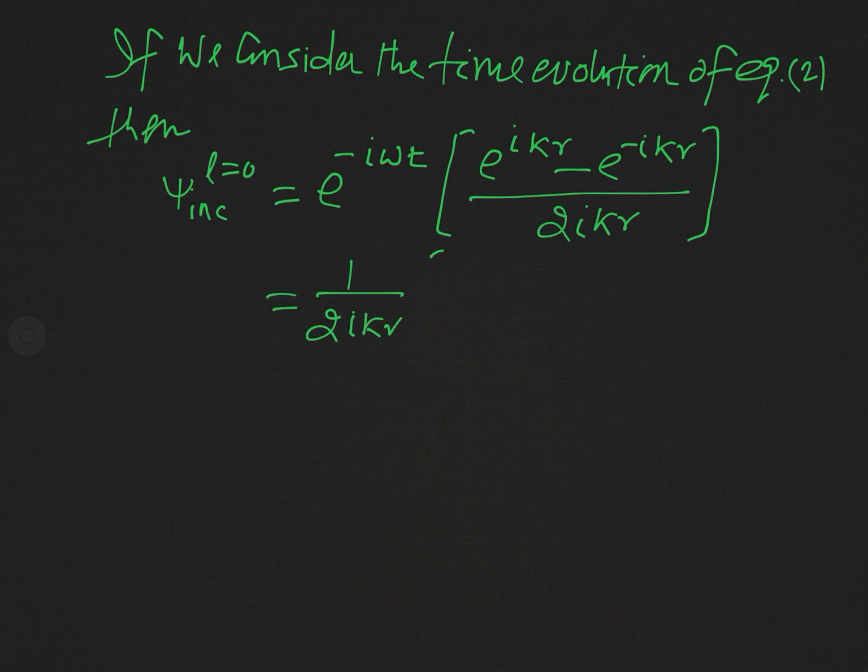In this way, we can write it: 1 over 2ikr, and e to the power i kr minus omega t, and minus e to the power minus i kr plus omega t.